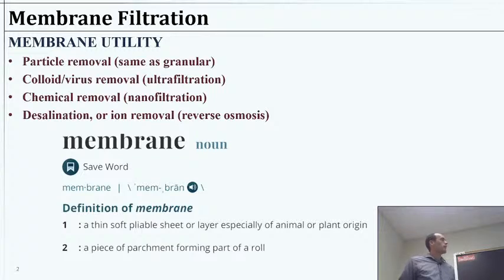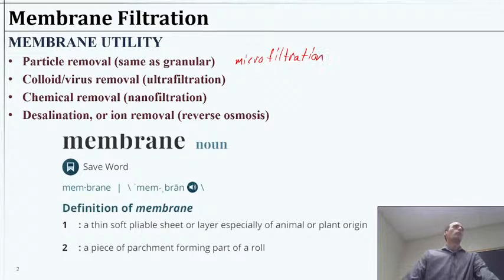Getting down below that, a membrane version of a granular filter, on the same size, we might call microfiltration. Anything below that we would call ultrafiltration, where we're getting to the point where we can remove viruses, very small particles. Then down to nanofiltration if we're talking about the chemicals, and ultimately reverse osmosis when we push that nanofiltration even smaller, and we're really causing some separation of the ions from solution.